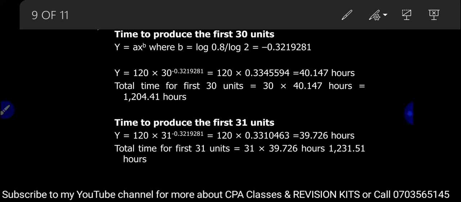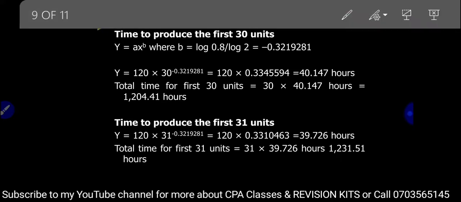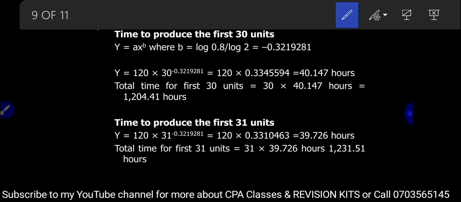Now to produce the first 30 units, we need to use our formula. Remember, it is y equals a x power b, where b is our log learning rate over log 2.